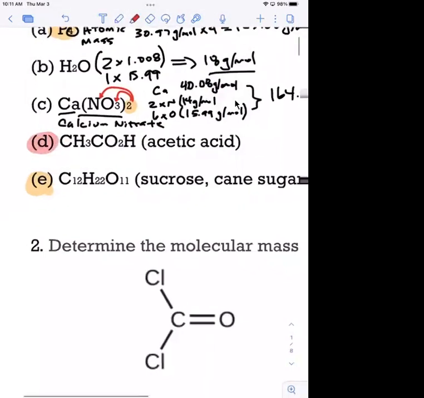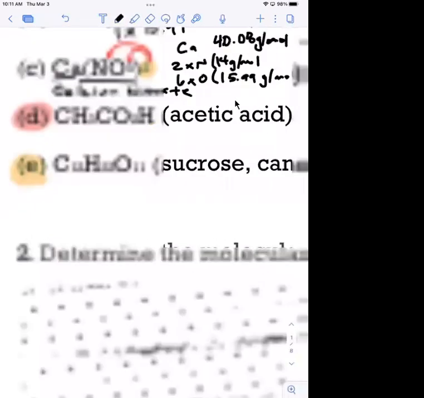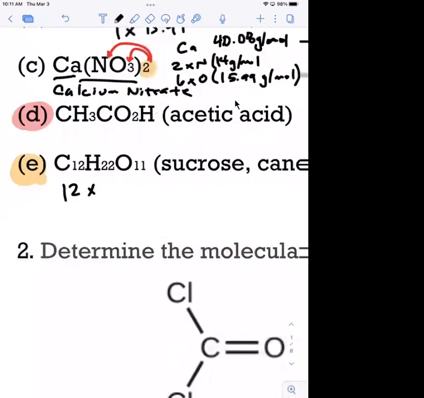All right, so that's going to be what? 12 times 12.01 for carbon, 22 times 1.008 for hydrogen, and 11 times 15.99, all in grams per mole, for oxygen. That's carbon, hydrogen, oxygen. What do we have for that?